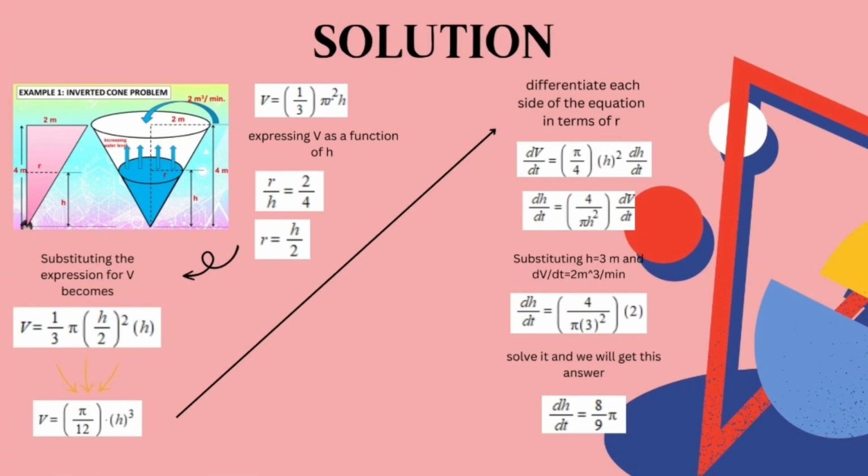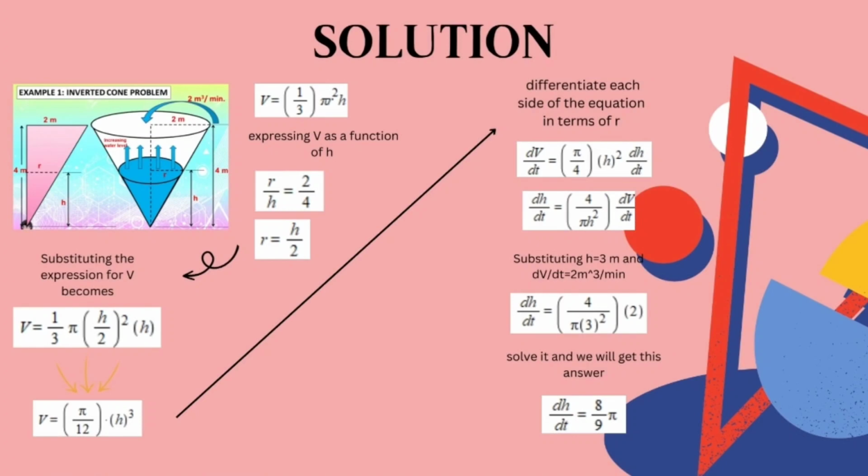Next, differentiate each side of the equation with respect to t. dV/dt is equal to pi over 4 times h squared dh/dt. So dh/dt is equal to 4 over pi h squared times dV/dt.